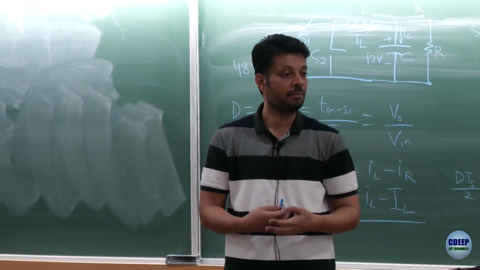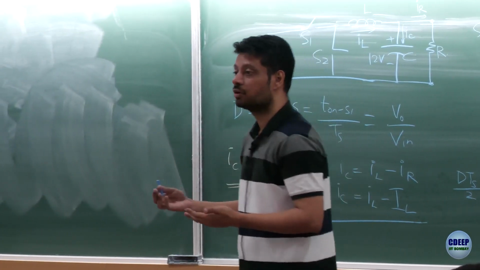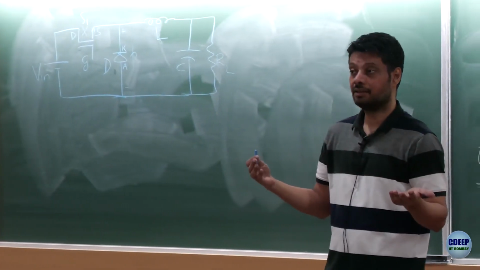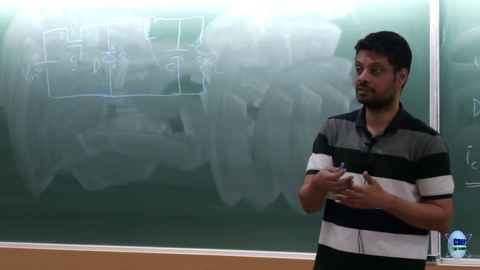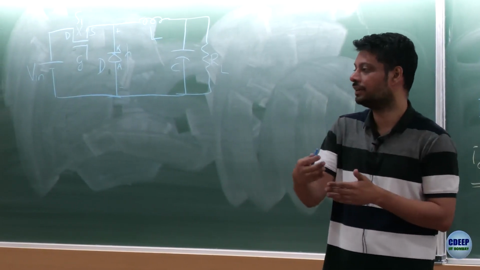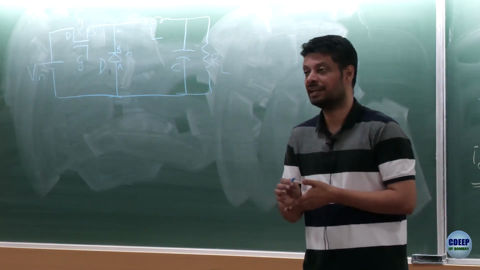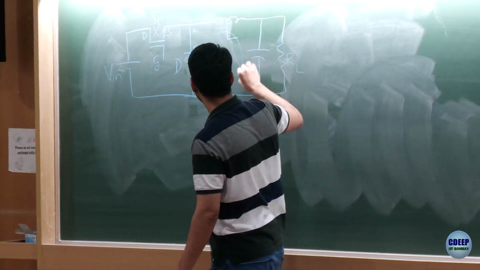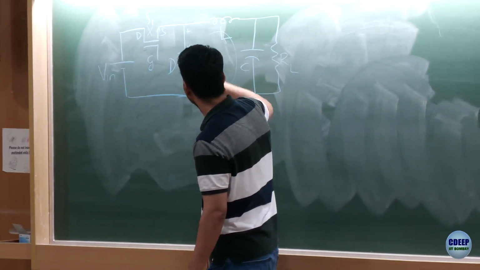Why would that happen? Because if the diode does not conduct, the voltage across the diode would be infinite in the forward bias, and therefore it would in a way turn on the diode. So as soon as this switch is off, this inductor current will flow through this diode.